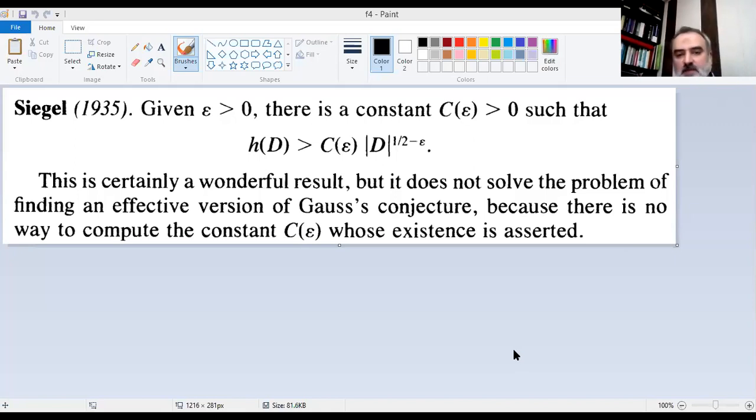But c of epsilon is not effective. So that solves the theoretical part of the question, but does not give you the list. If you want to know all imaginary quadratic fields with class number 2, for example, that's not going to help you because c of epsilon is not effective.